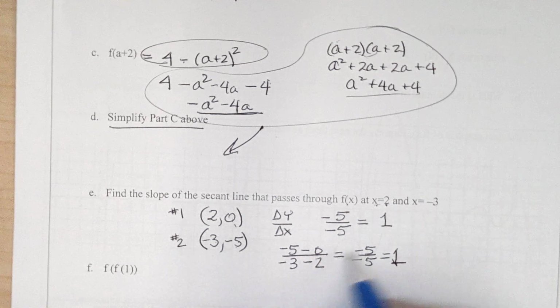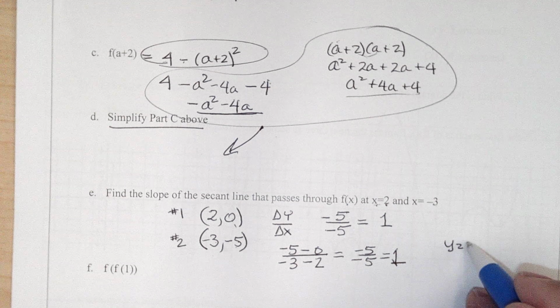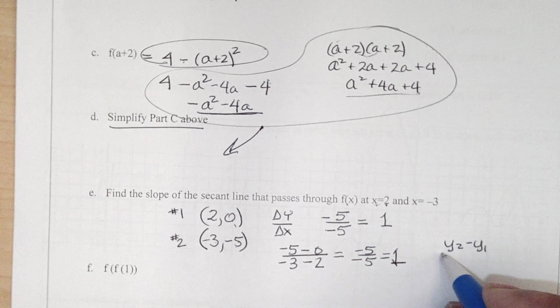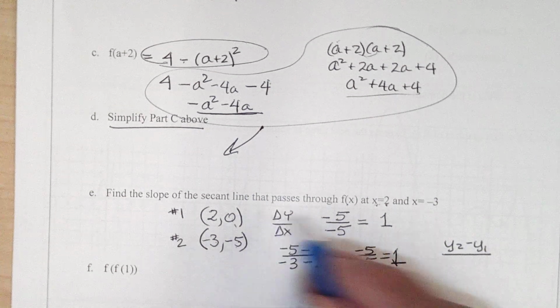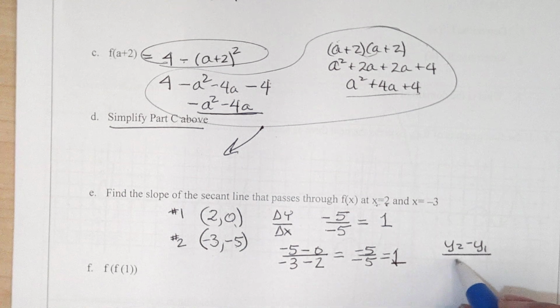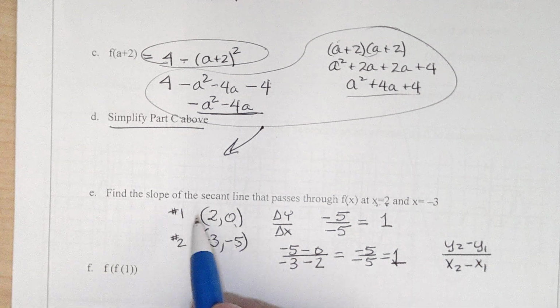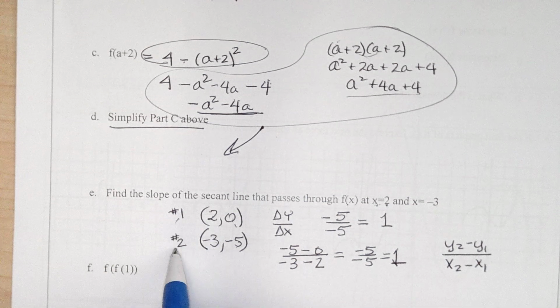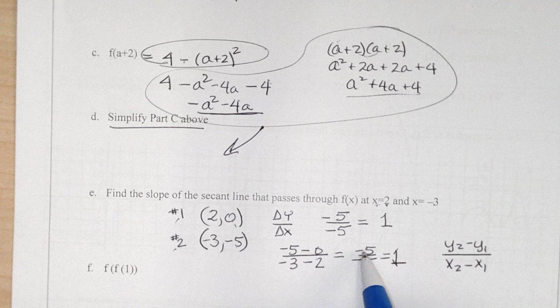This is using the formula y2 minus y1, the difference in the y's, the change in the y, the rise, over x2 minus x1. Now you could have called this point number 2 and this number 1 and done the formula, and you would have gotten +5 over +5, which is still 1.